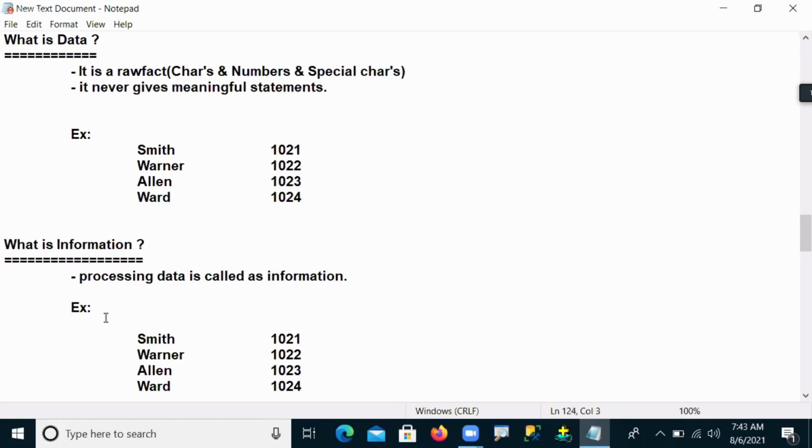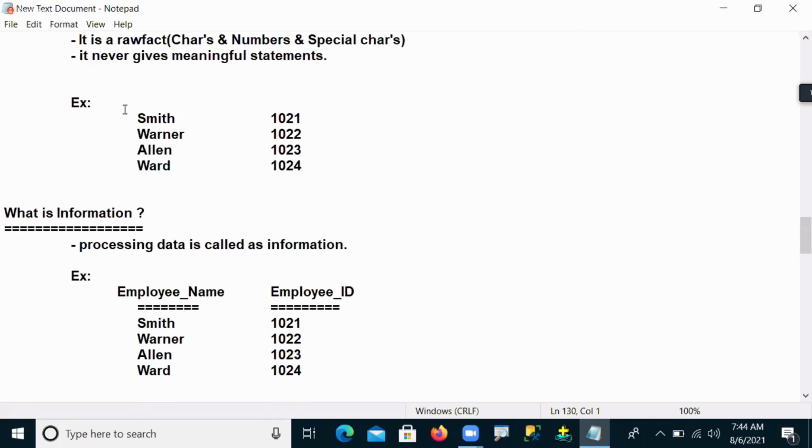Now, for example, on these names I'm going to predict. Suppose I pass here employee_name, and here employee_ID. If I predict my names and my numbers like this, then you can easily understand what exactly this is. Now in this case we don't know what is Smith.